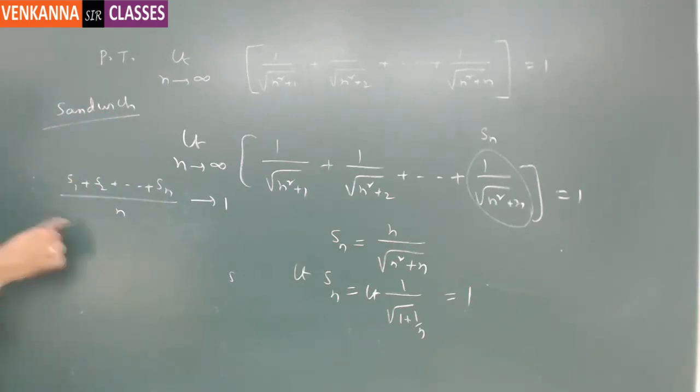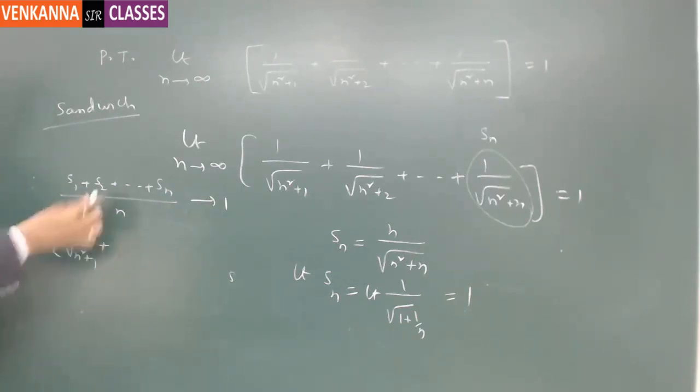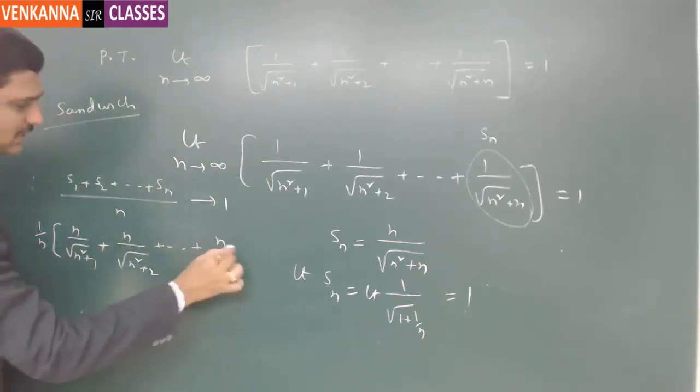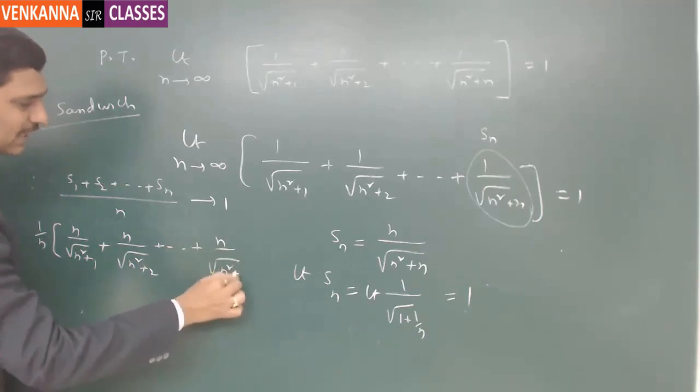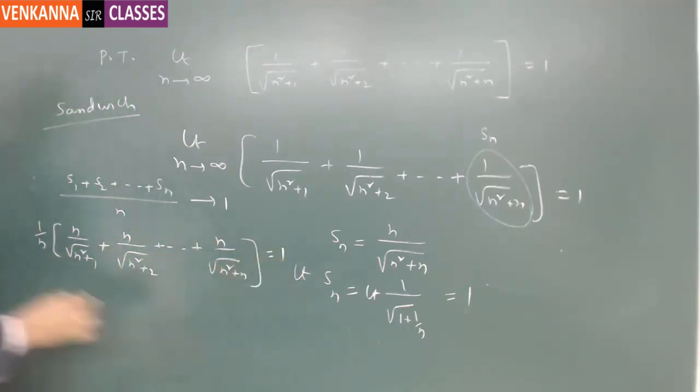It means that 1 by n into S1, which is n by root of n square plus 1, S2, which is n by root of n square plus 2, plus so on plus Sn, which is n by square root of n square plus n. So this is also equal to 1.